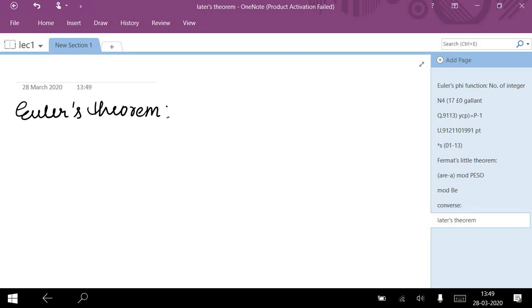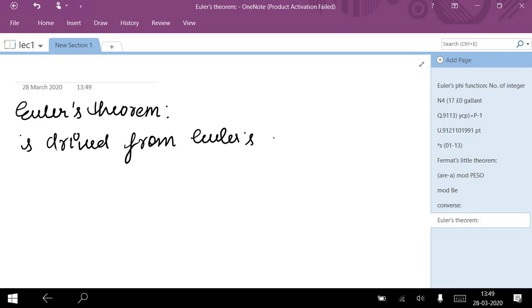Now Euler's theorem is derived from Euler's phi function by applying some Fermat's little theorem concept. So what was Euler's first theorem? Sorry, Fermat's little theorem. Fermat's little theorem, the first one is a to the power p minus 1 congruent to 1 mod p.